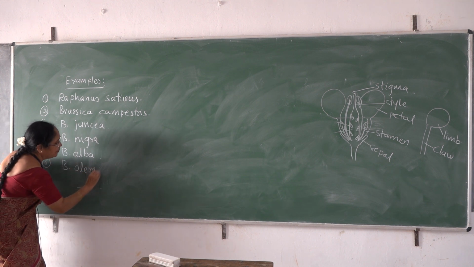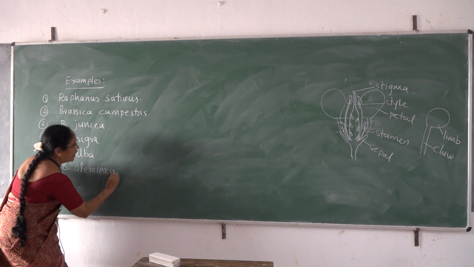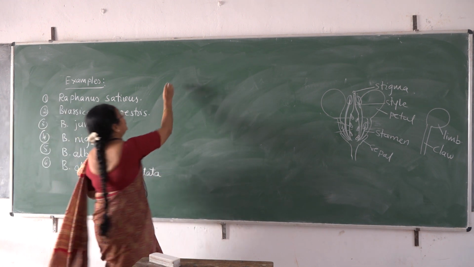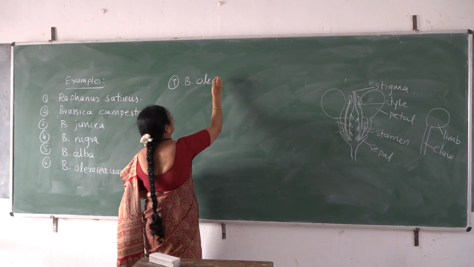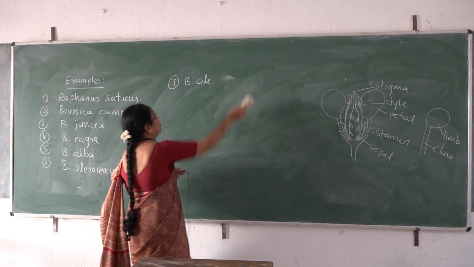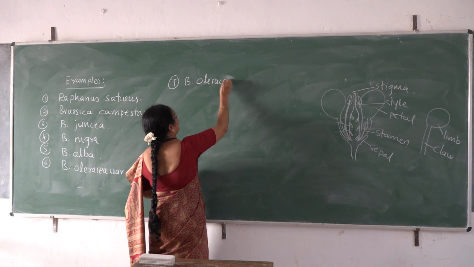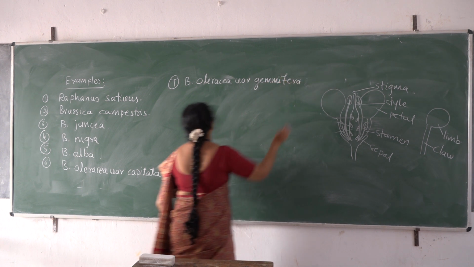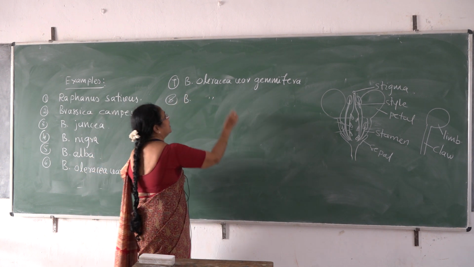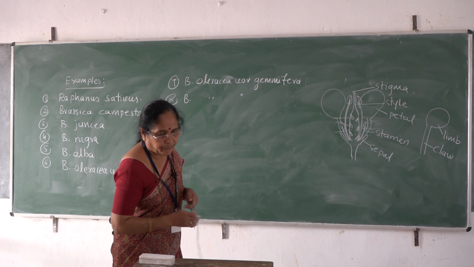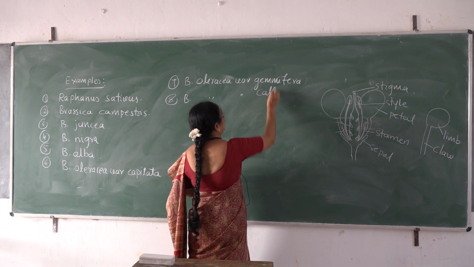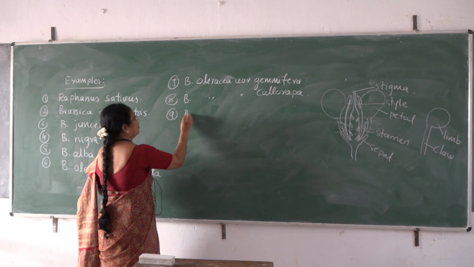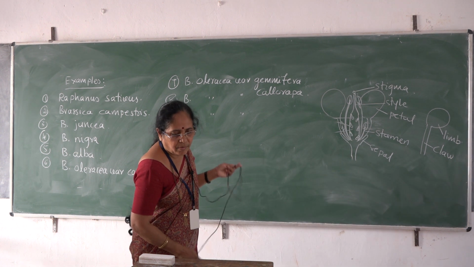Brassica oleracea variety capitata, Brassica oleracea variety gemmifera, Brassica oleracea variety caulorapa, Brassica oleracea variety botrytis.